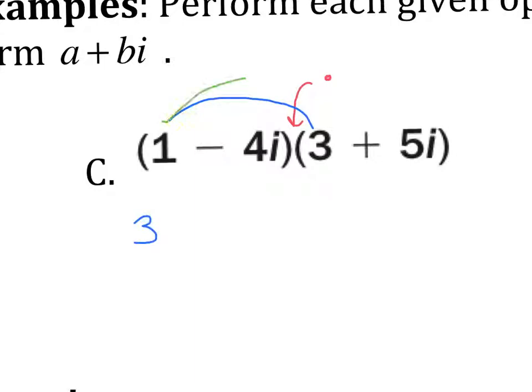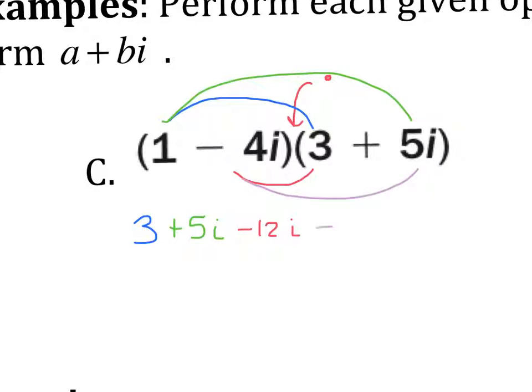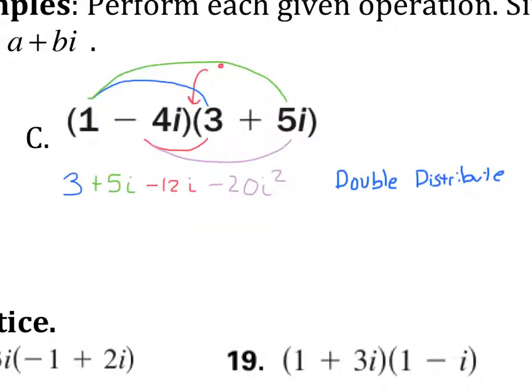I'm going to send the 1 to the 5i to get 5i. I'm going to send my negative 4i to the 3 to get negative 12i. And lastly, I'm going to send the negative 4i to the 5i to get negative 20i squared. So the first big step we do is double distribute, also known as FOIL.